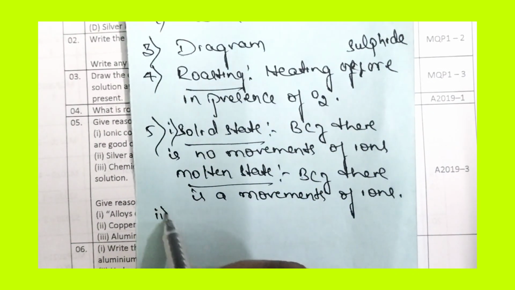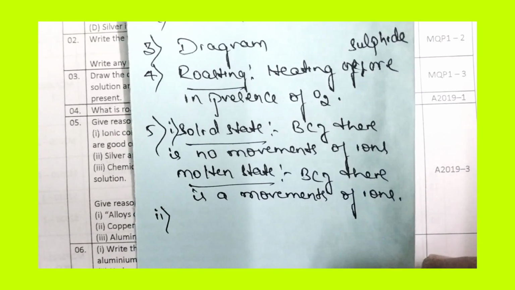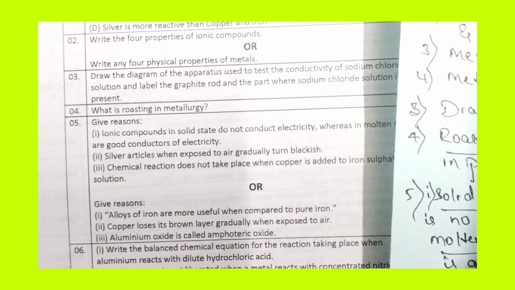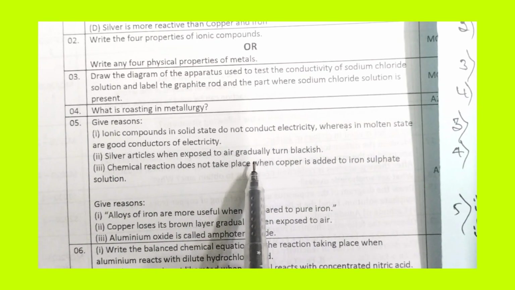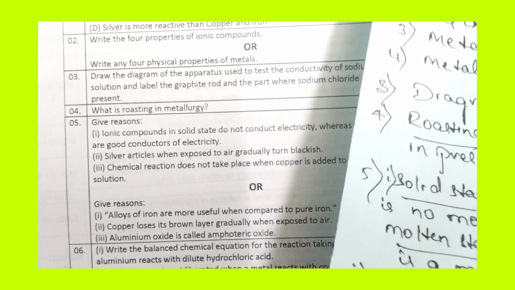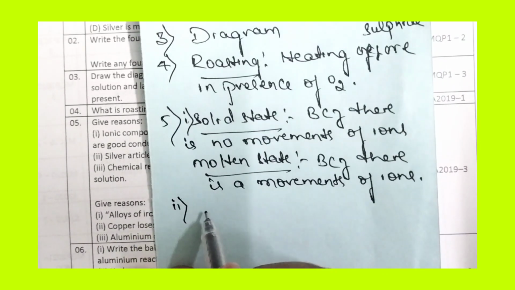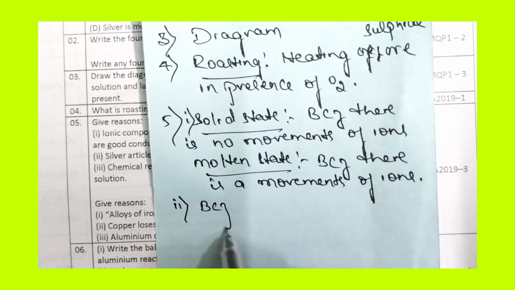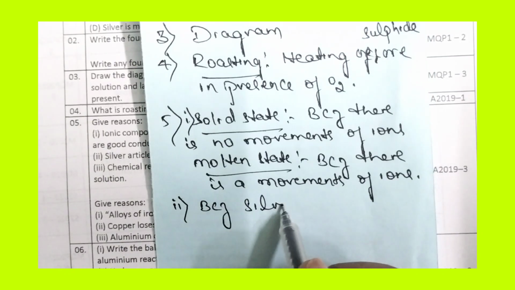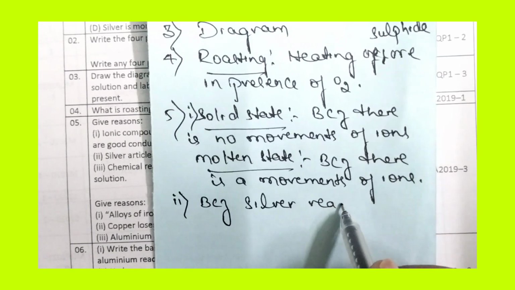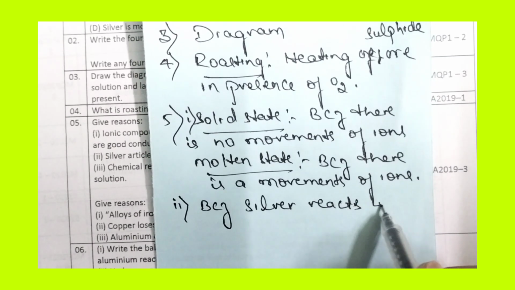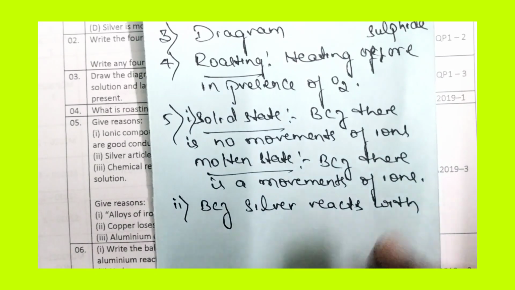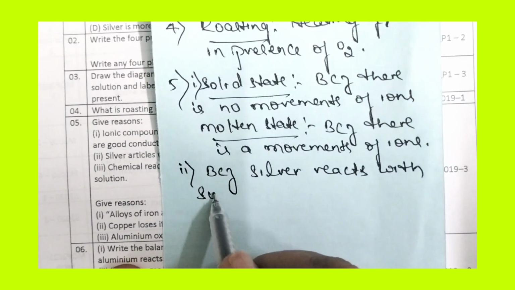Now let us move to the second give reason. The second give reason is: silver article when exposed to air gradually turns blackish. So we will answer this.